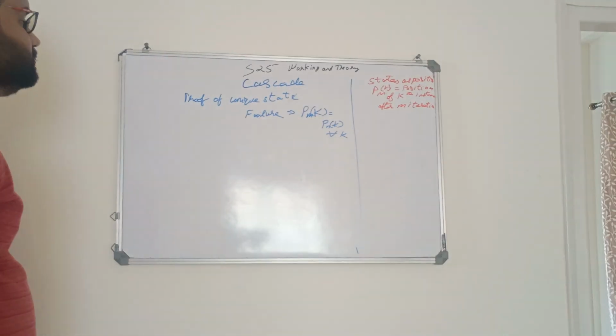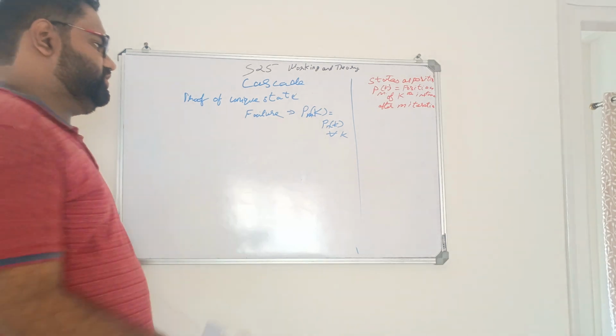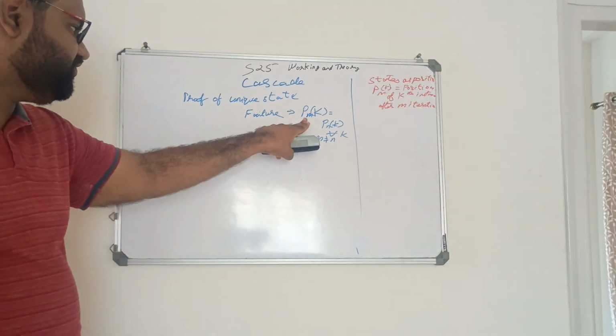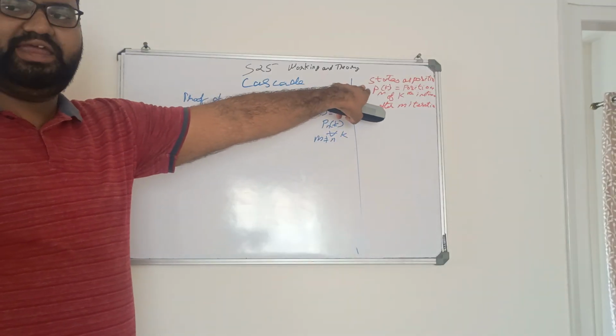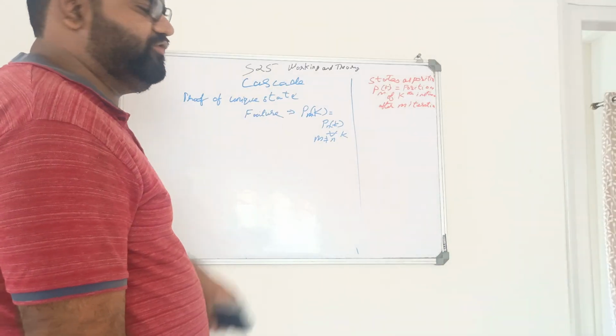What this says is, sorry, I'm not good, so for different values of m and n, I'm getting the same state. So that is the failure case of the cascade function.